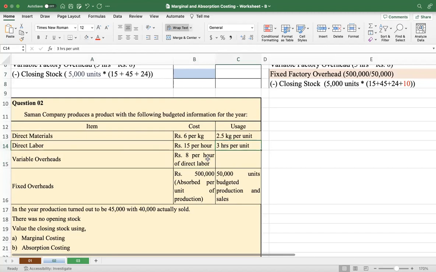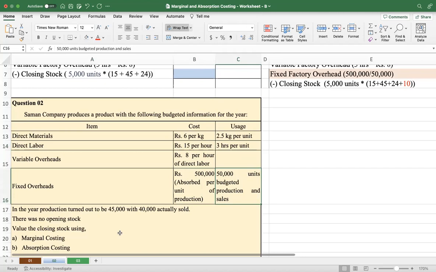Then next we have fixed overheads. Here they have given us the total amount of fixed overheads, and there is a note here, absorbed per unit of production, and the budgeted production and sales will be 50,000.